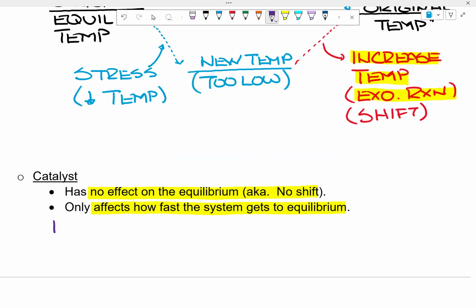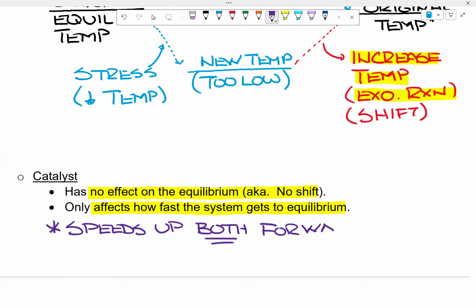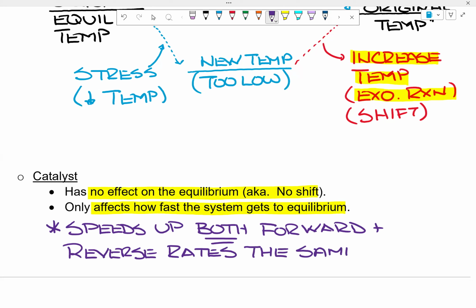When we take a look at catalysts, a catalyst speeds up both the forward and reverse rates the same amount. So this is why there is no shift.